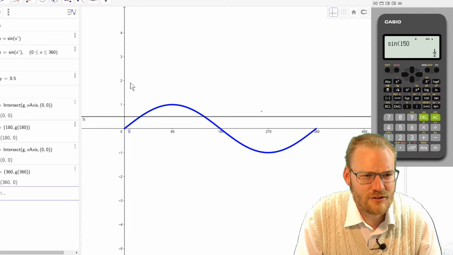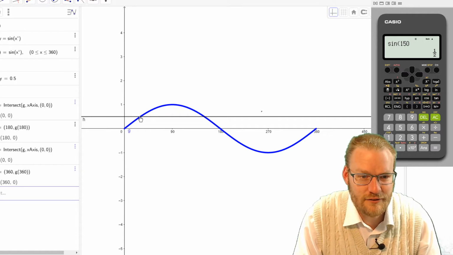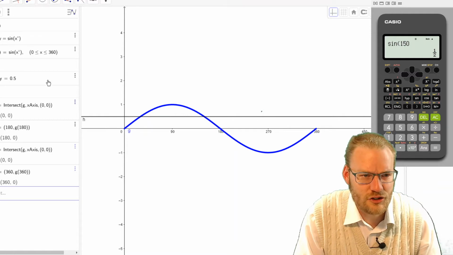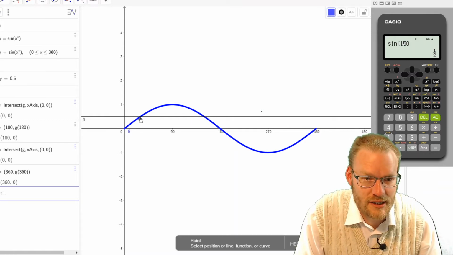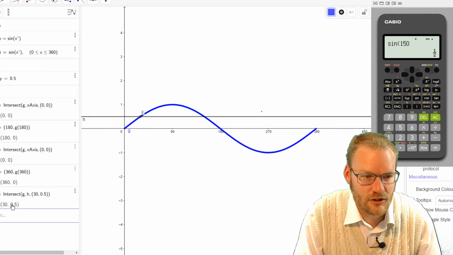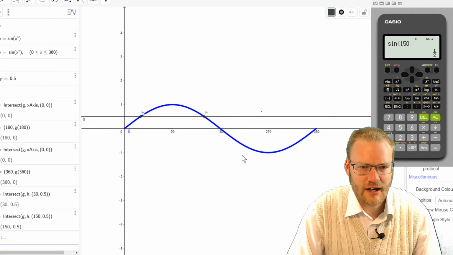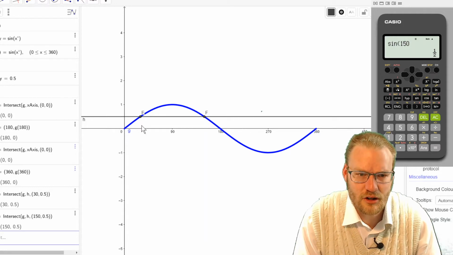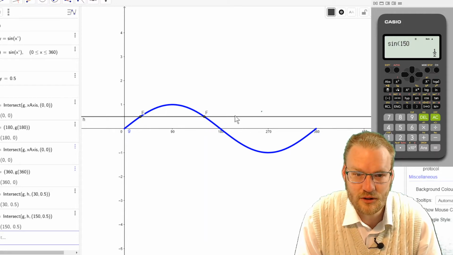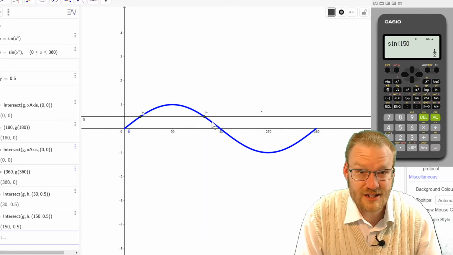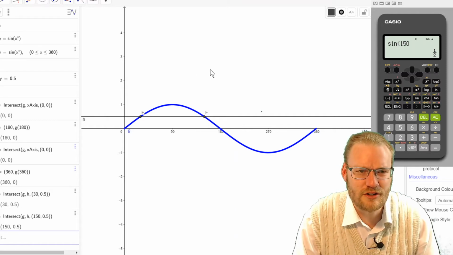What we asked ourselves was, if sine theta equals a half, if the y values are half, then where are the solutions? There's one, 30 degrees, and there's our other solution. Those are our two answers. No other place does this graph equal a half. That's the equation we're trying to solve.